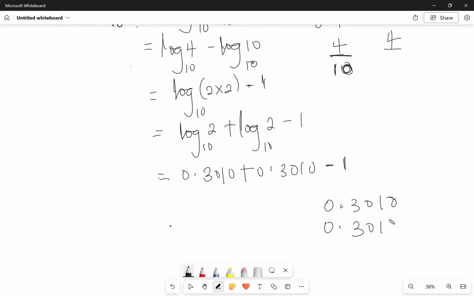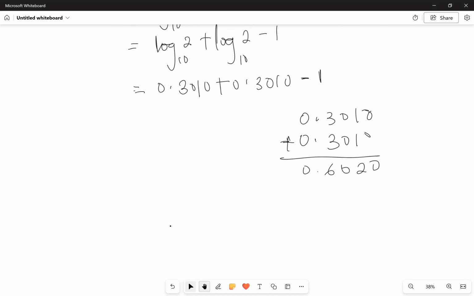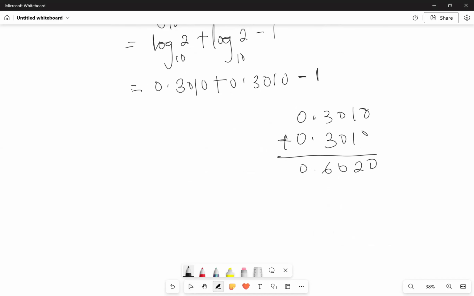If you add them, it's going to be 0.6020, correct? Now this 0.6020 minus what? 1, right? So 1.0000.